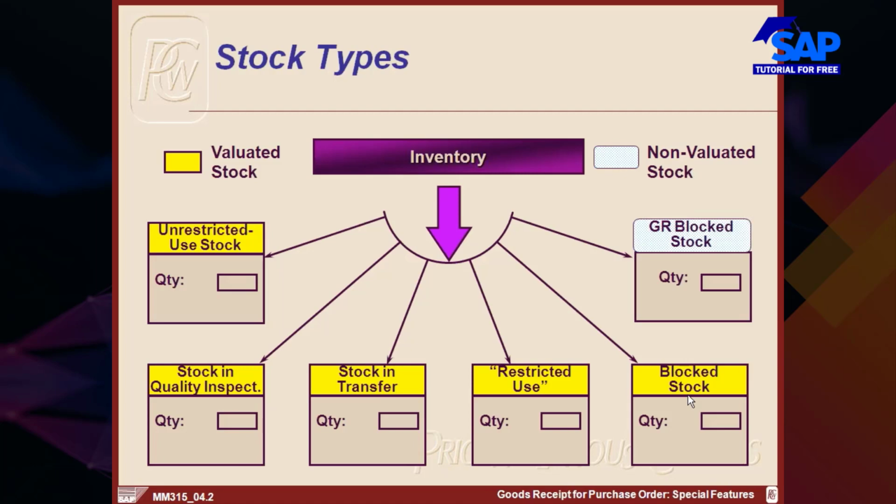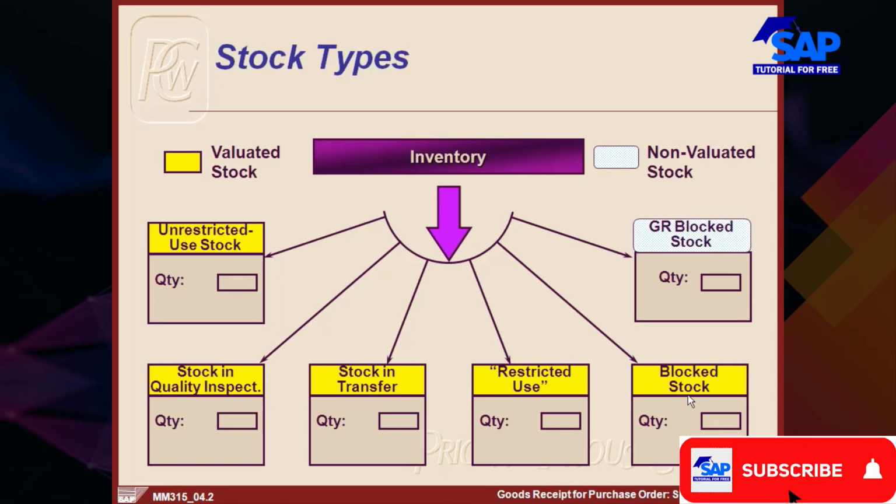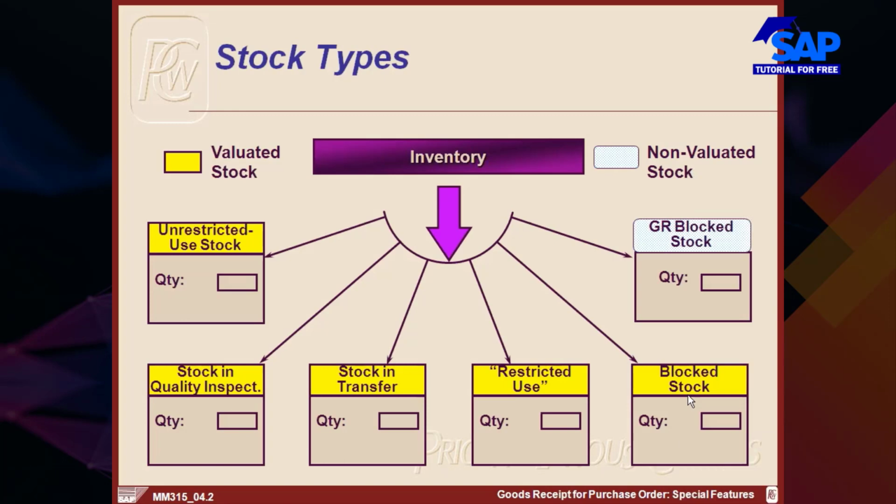It is having value, but you cannot use it because it is damaged. That's what you are saying, right? Yes, sir. It is having value. That means value updated, value-added stock, right? If it is not having value, then that's called non-value-added stock. So therefore, all the standard stock types are value-added stocks. Whether you receive the material into quality inspection or blocked or unrestricted, they are all value-added stocks.